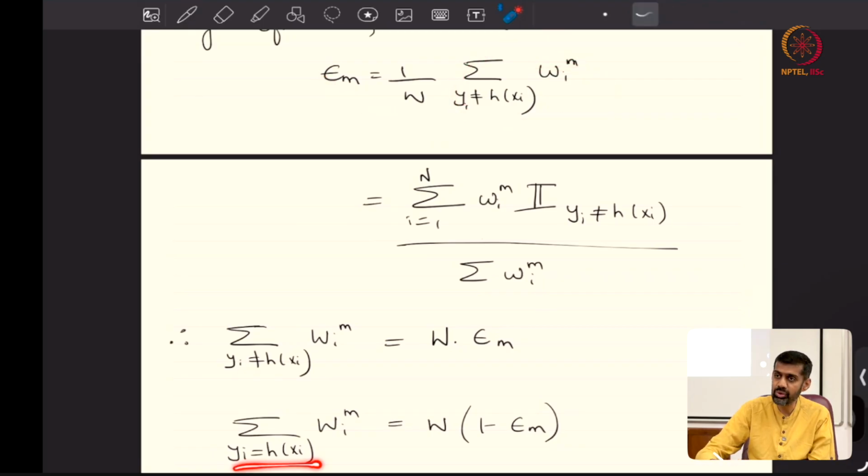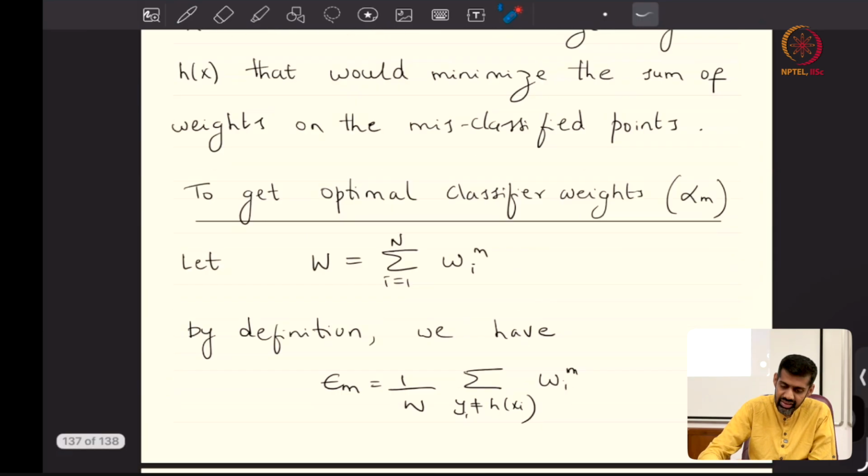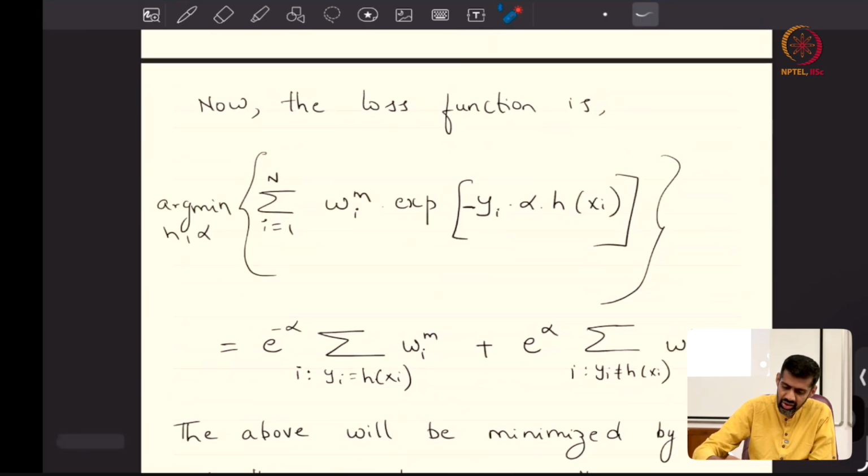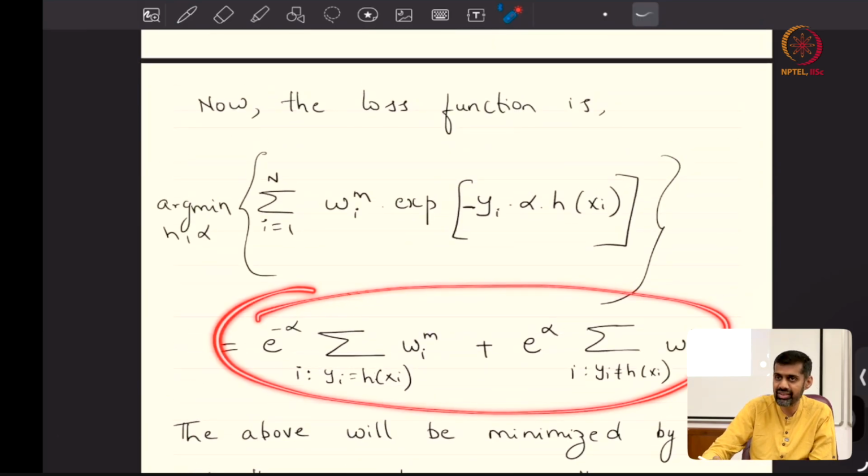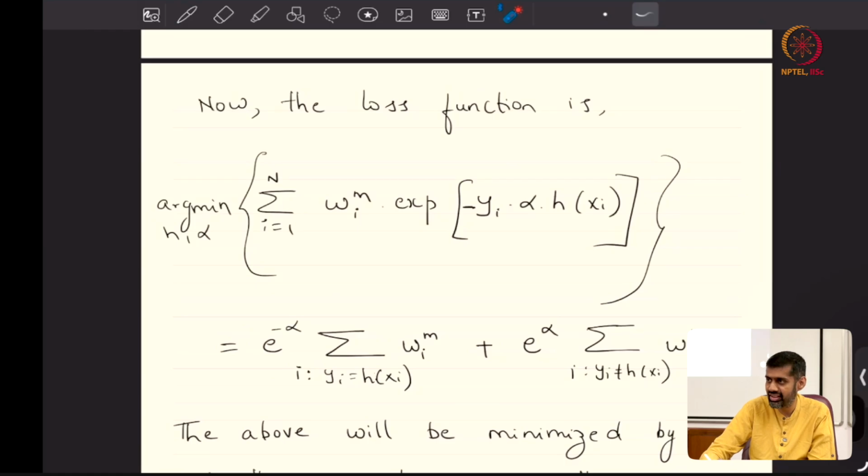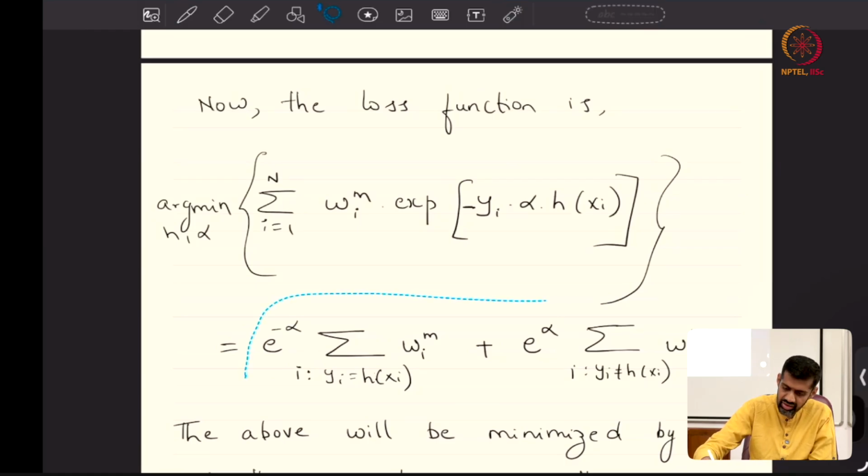If you take the sum over all the correctly classified points, you just get W times 1 minus epsilon. Okay. Why did we write it this way? It is because this is our loss function, and we have to differentiate this with respect to alpha. H is already done.